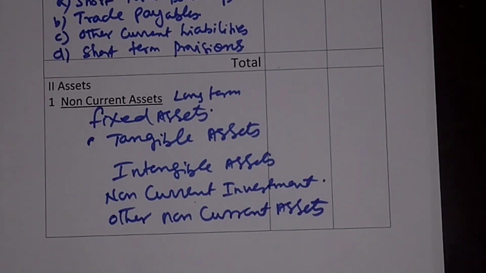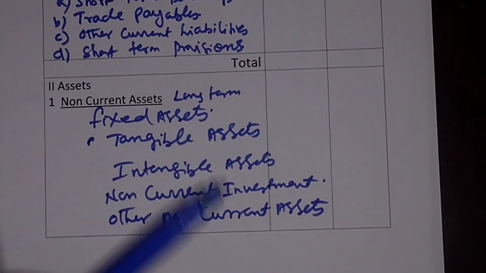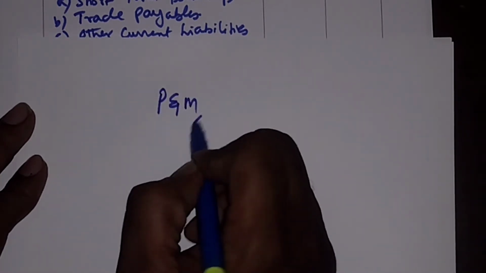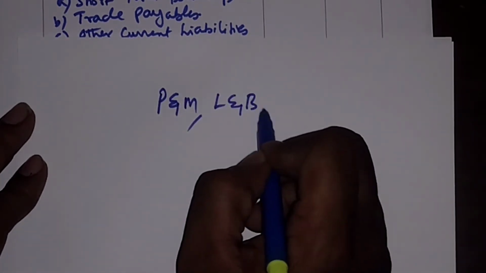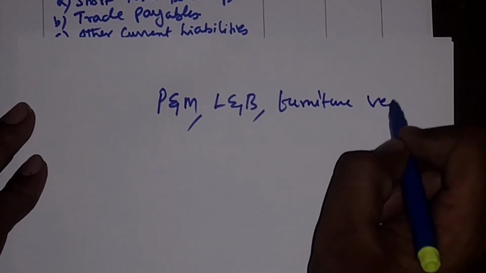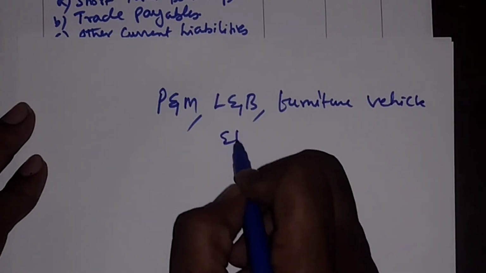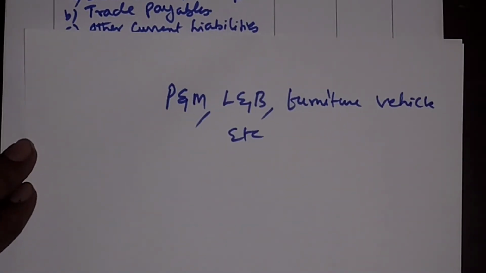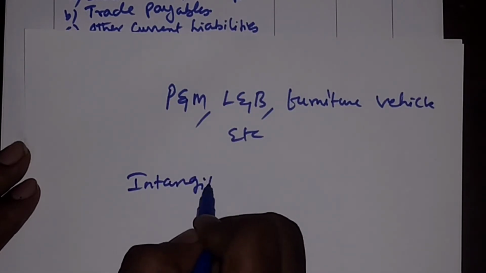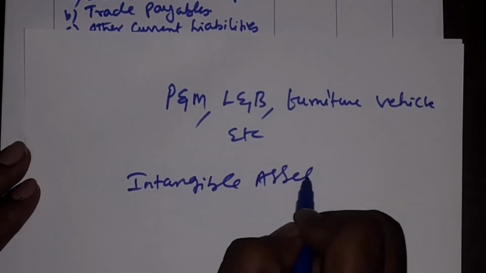Now let us discuss what tangible assets are. Tangible assets are those assets which can be seen and touched. Examples: plant and machinery, land and building, furniture, vehicles, etc. Next, coming to intangible assets.